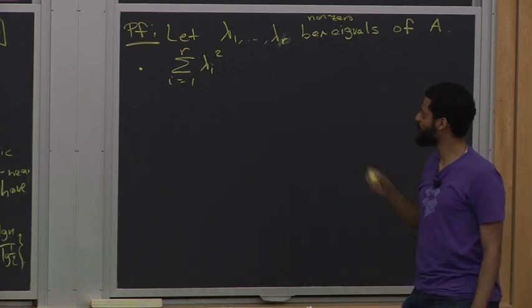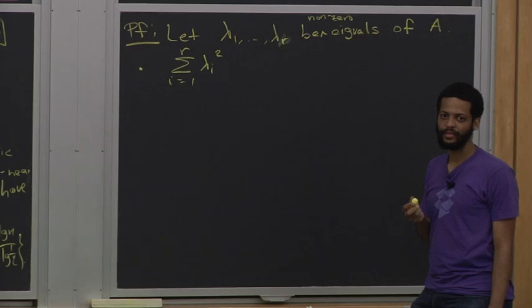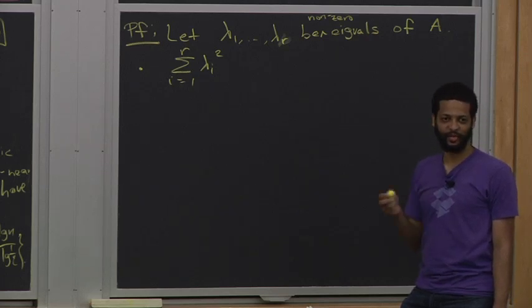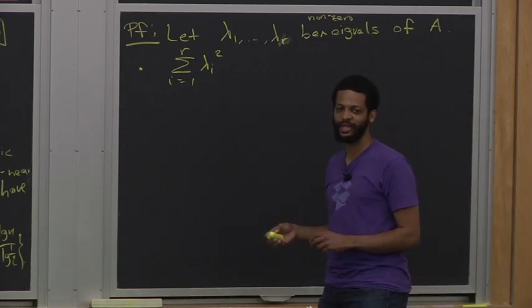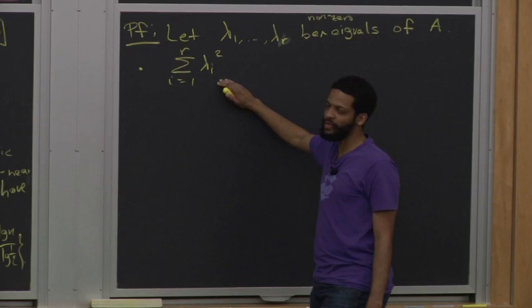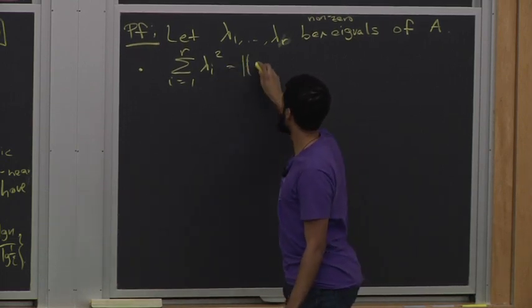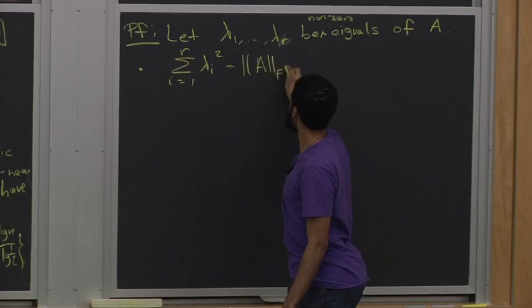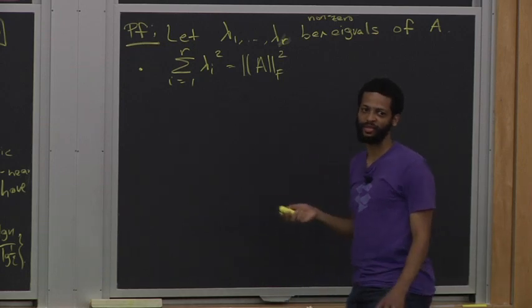So what's one way you could calculate this? Maybe this linear algebra is not at the top of your fingertips, but the sum of lambda_i squared is always equal to the Frobenius norm of the matrix, the sum of the squared entries of the matrix. This is just a linear algebra fact.